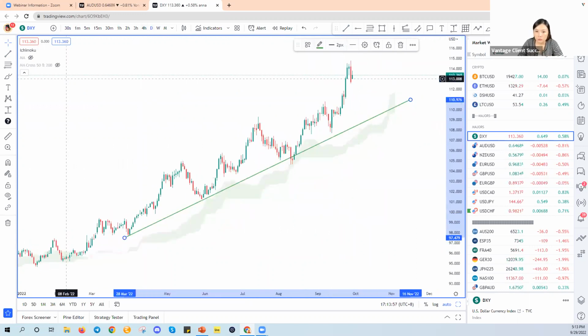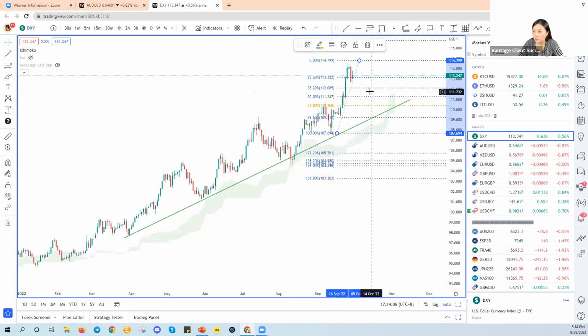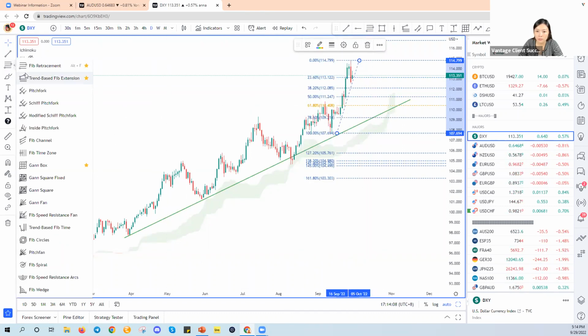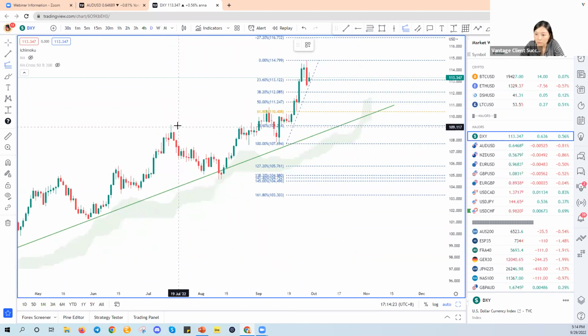Okay, so let us do some projection or retracement levels here. And then we have the zigzag. Because if I zoom into the 4-hour, it might be too far away from me to drag. So if the momentum is very strong, I like to zoom out onto the bigger time frame to do my charting first.